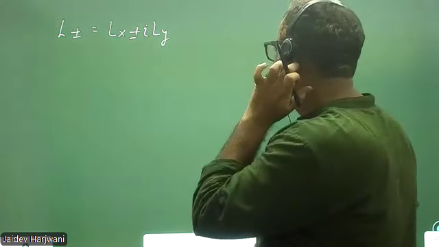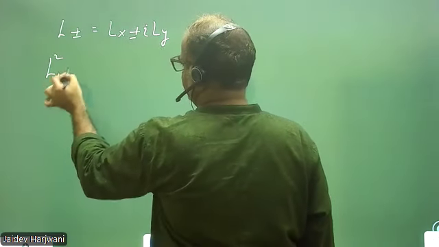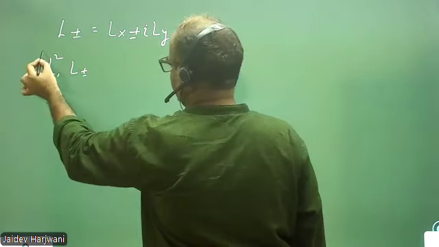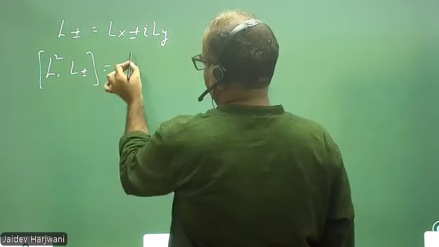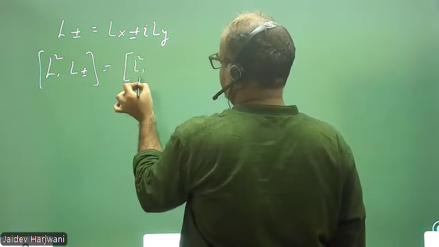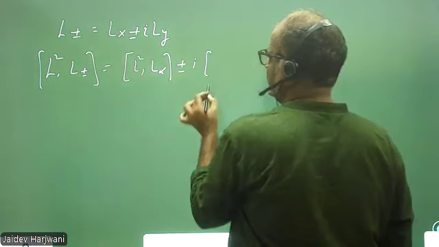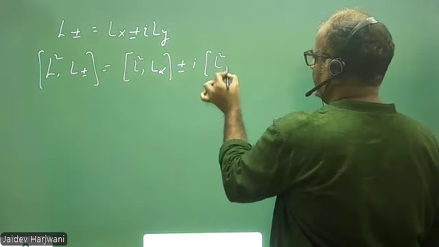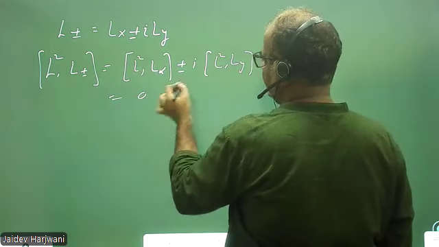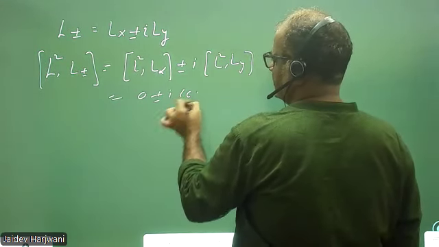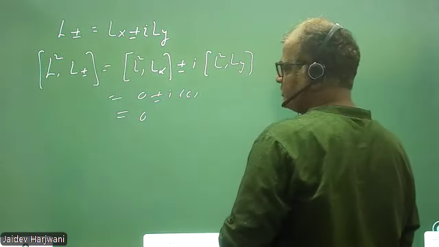And now we can easily show this L plus minus commutes with L square. So this gives me [L square, Lx] plus minus iota [L square, Ly], and just now we have seen these commute. So a ladder operator commutes with L square.